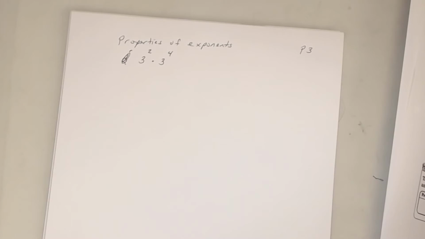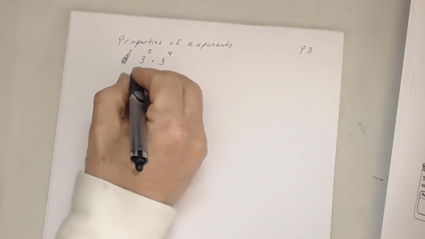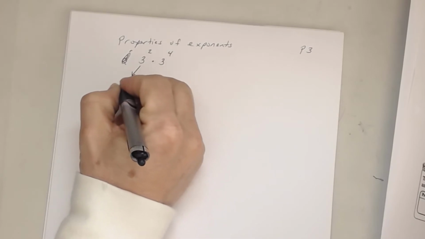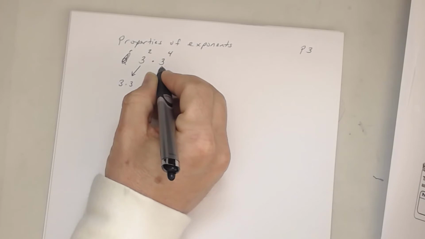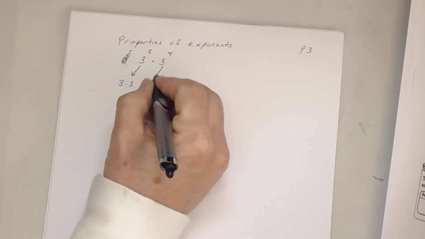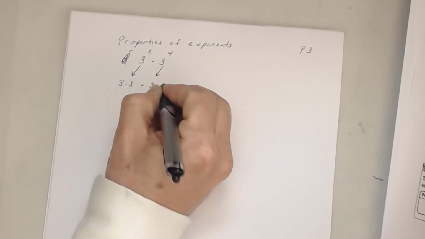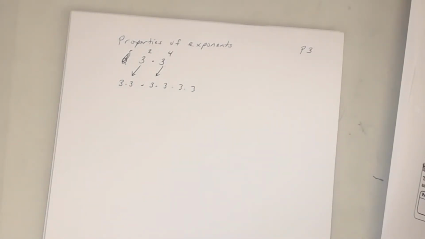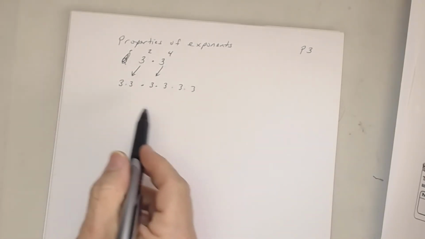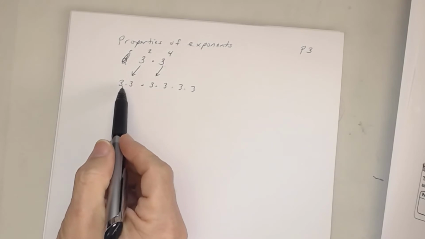Do y'all agree that 3 squared means 3 times 3? Okay, so that means 3 times 3, right here. And do y'all agree that 3 to the 4th means 3 times itself 4 times? Okay, so times 3 times 3 times 3 times 3. Now, if I use a calculator, in this part that I wrote here, and I multiplied 3 by itself, how many times? How many factors?